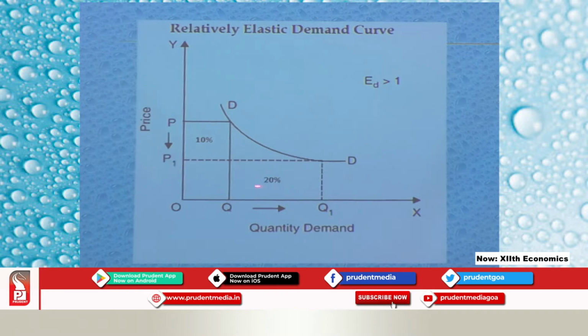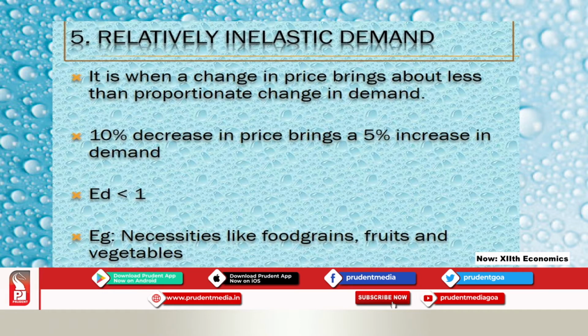So, this larger change can be shown only when you draw a flat demand curve. Is that clear? So, in case of relatively elastic demand, your demand curve has a flat shape and the value of ED is greater than 1.